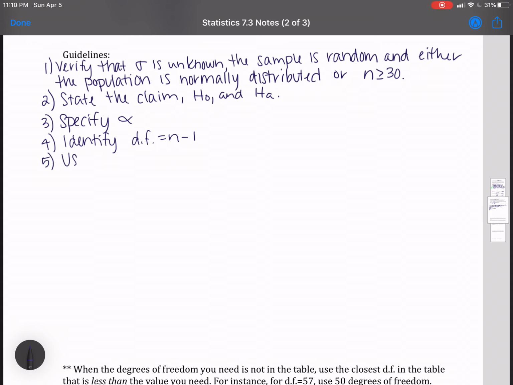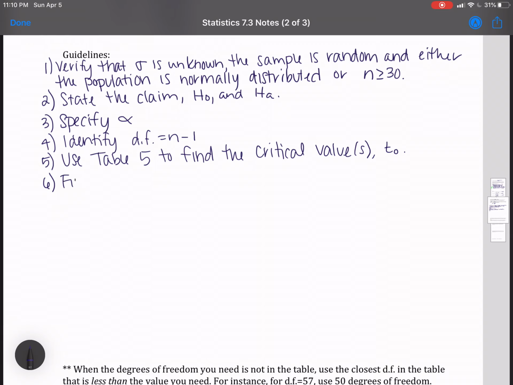Then we'll use table 5 to find the critical value or values, and remember, that's going to be t sub 0 here. From that, we're then going to find and sketch the rejection region.